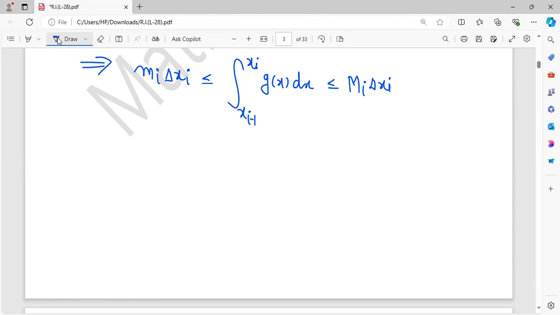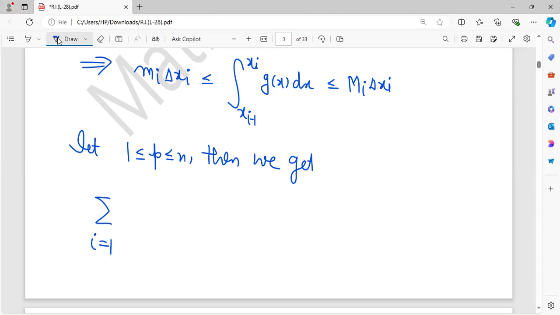So let p be less than or equal to n, then we get summation i goes to 1 to p of mi delta xi is less than or equal to, taking summation, the integral from a to x_p of g(x) dx.